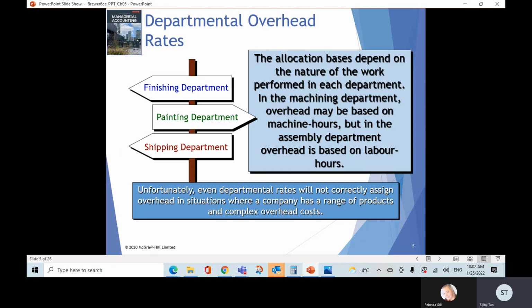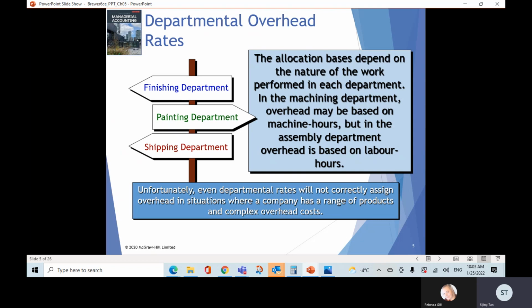The departmental overhead rates. Many companies use departmental overhead rates instead of a plant-wide overhead rate. The nature of the work performed in a department will determine the department's allocation base. For example, overhead cost in the machine department may be allocated using machine hours.